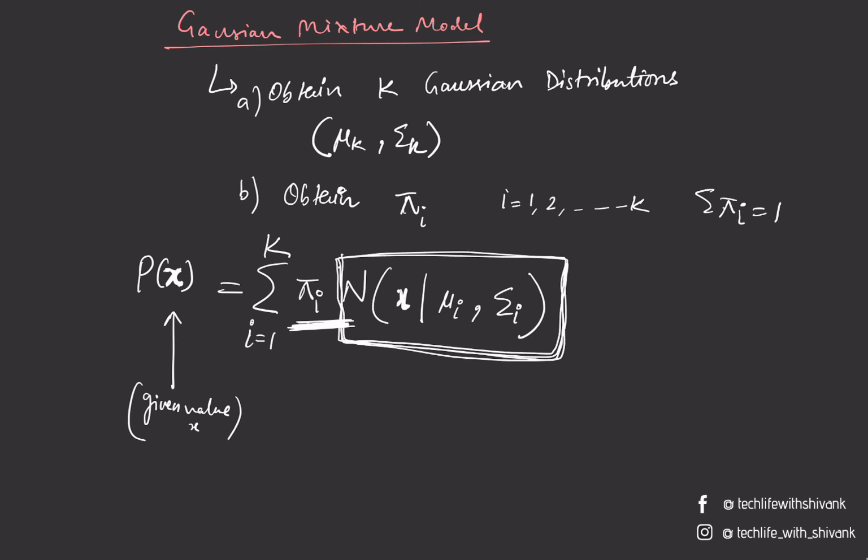And our goal is to estimate pi_i, mu_i and sigma_i for i equal to 1 to k for our k independent Gaussian distributions.